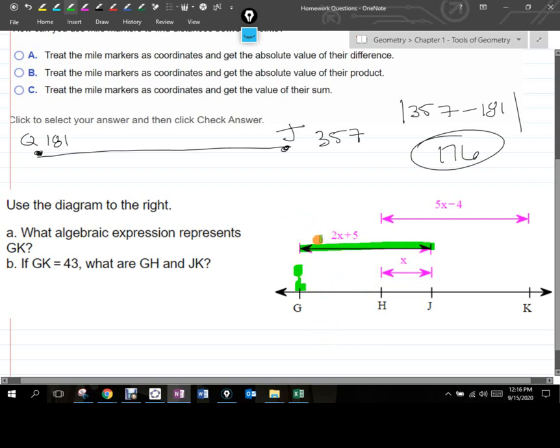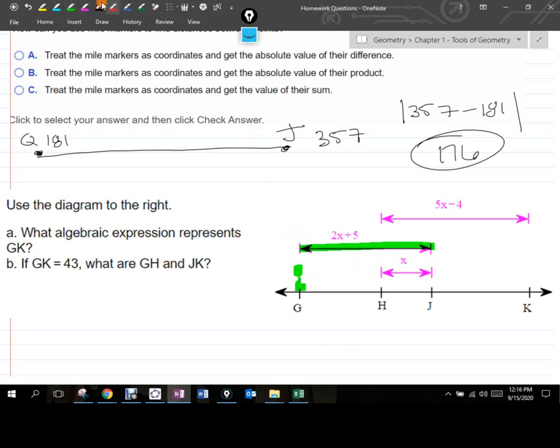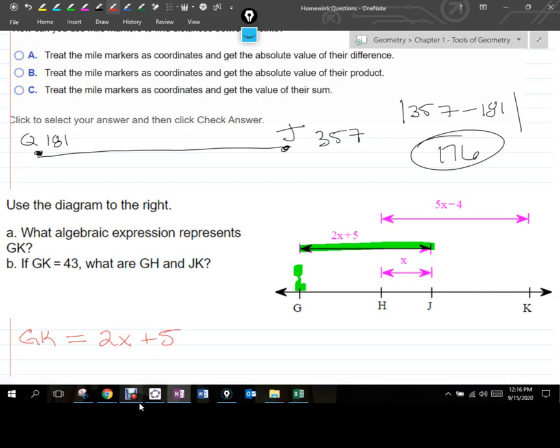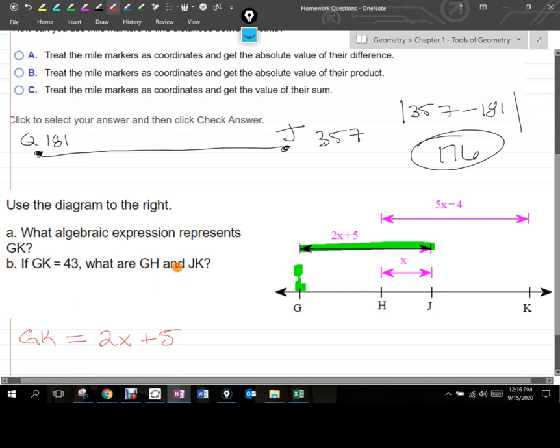So if I start at G, I'm going to at least walk to J. So I know that G to K is going to at least involve a 2x plus 5 quantity, right? It's going to be more than 2x plus 5, so I'm at least going to write down the 2x plus 5.